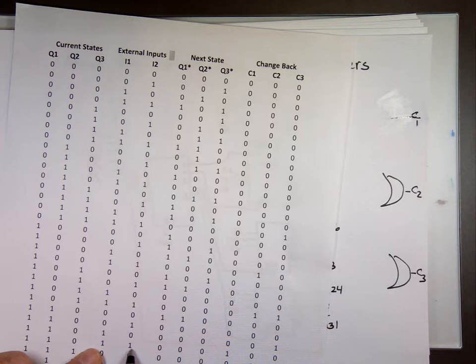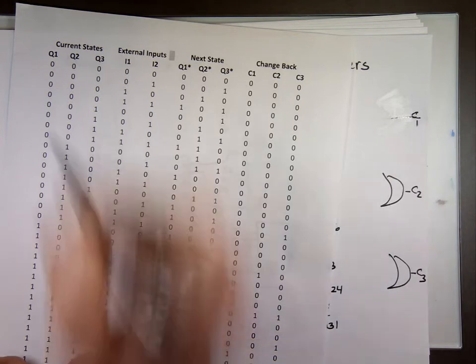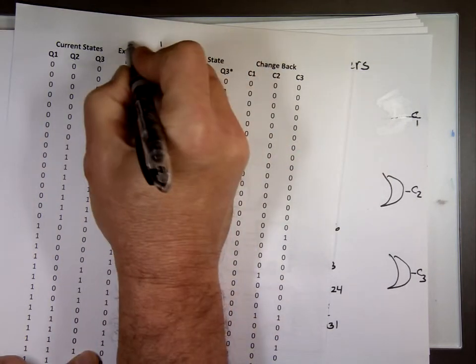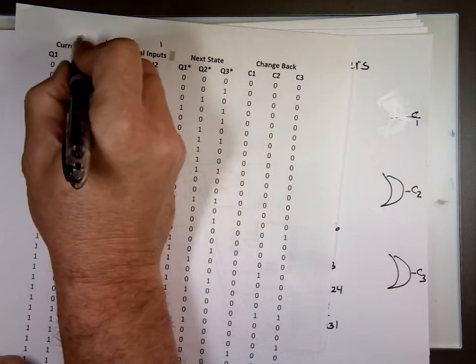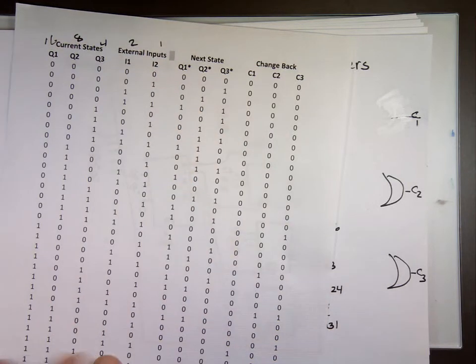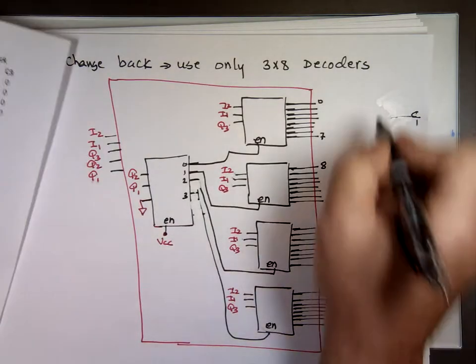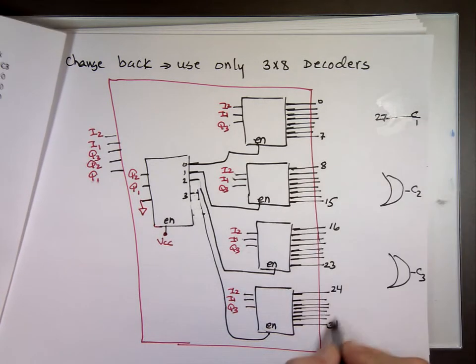This value is 1, 2, 4, 8, 16. So 16 plus 8 is what? 24. 24 plus 2, which is what? 26 and 1, 27. You take pin number 27 from down here and you attach it to that one.